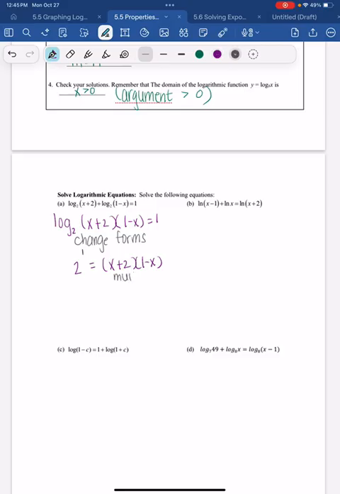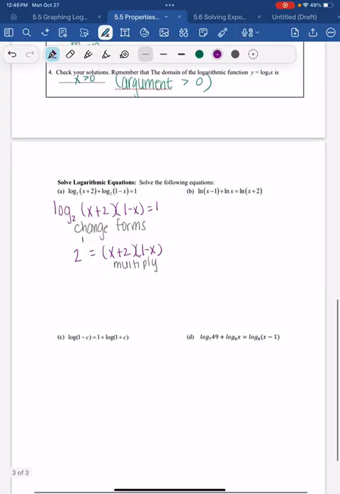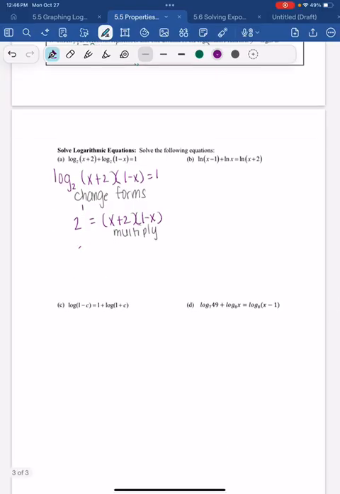So the base is 2, the exponent becomes 1, x plus 2 times 1 minus x. Multiply, set it equal to 0, use the zero product property. Factor uses zero product property. So you're going to get 2 equals negative x squared plus x plus 2 minus 2x. I'm going to set this equal to 0, so I'm going to add x squared to both sides.